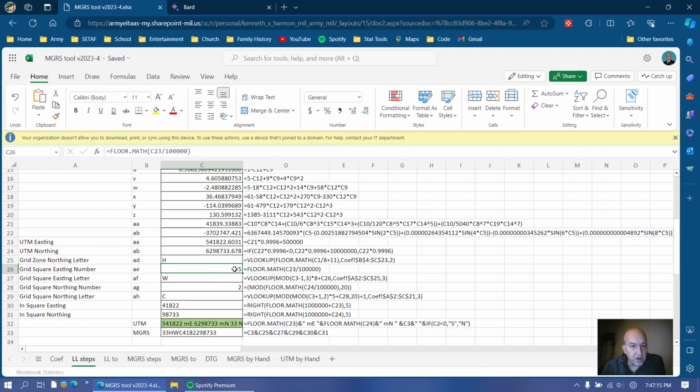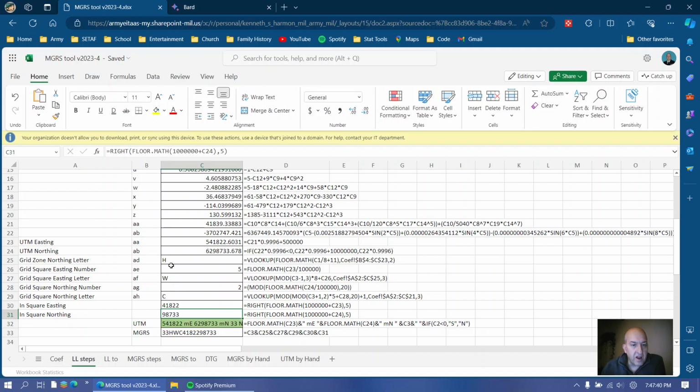And then I can turn that 5 into a W. The grid square northing number, that's a 2. That turns into a Charlie. Those 5 digits came from right there. Those 5 digits came from right there.